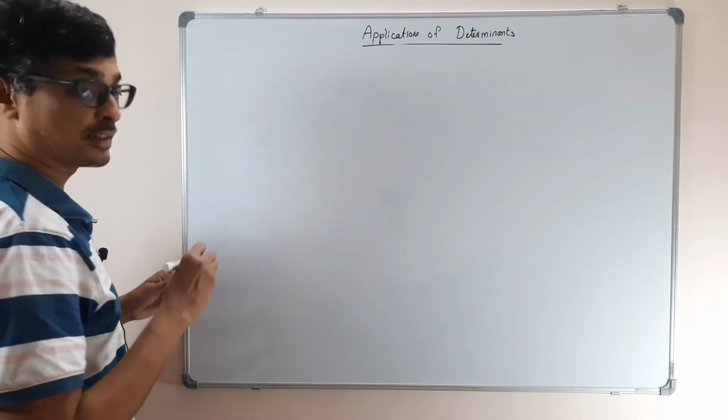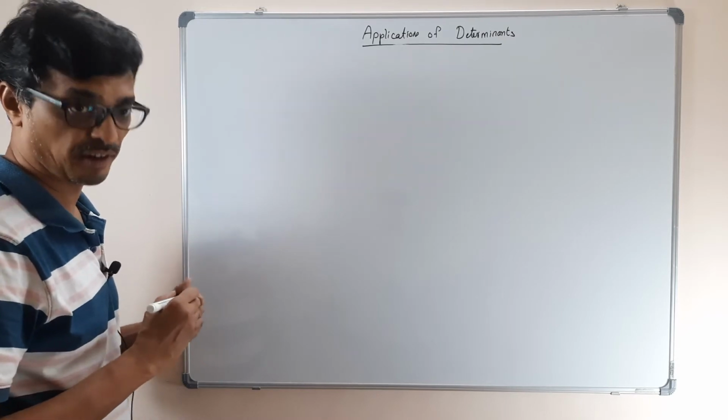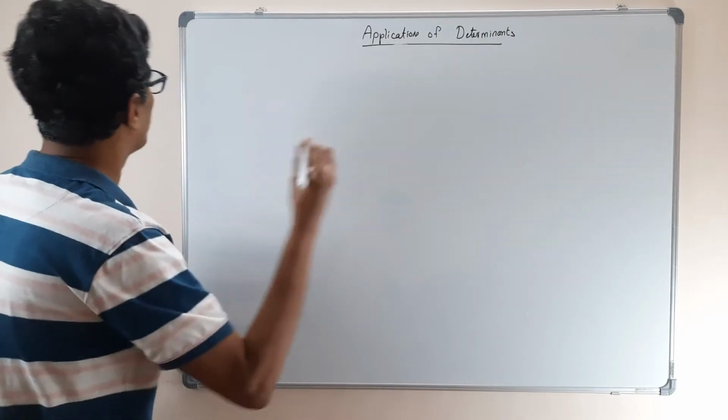So one more interesting application of determinant is to find the area of a triangle. Okay, how do you find the area of a triangle?